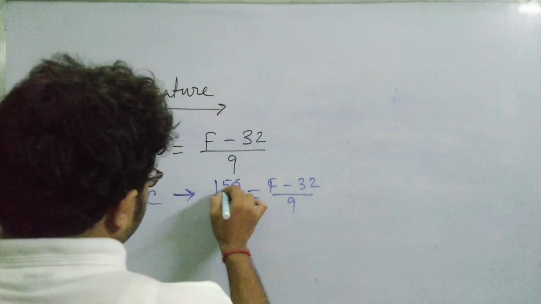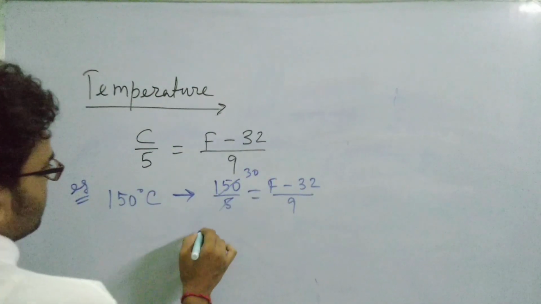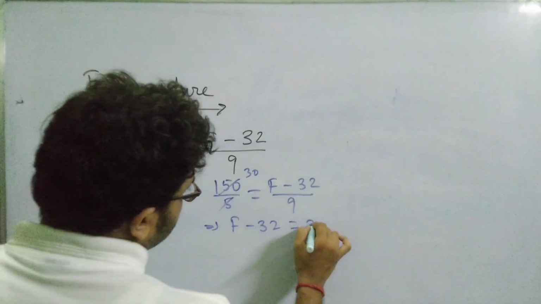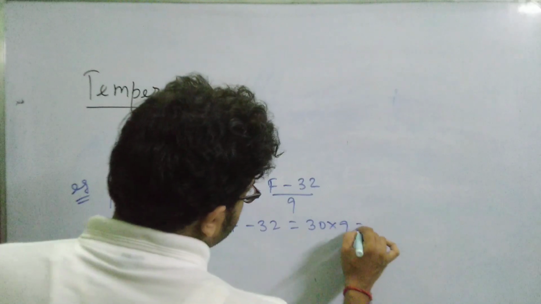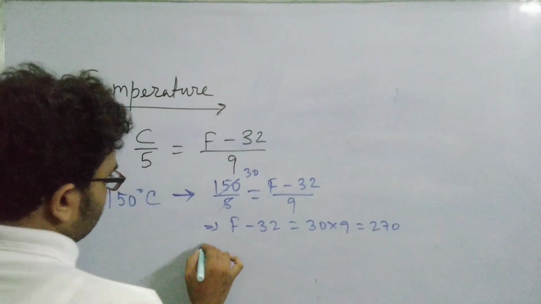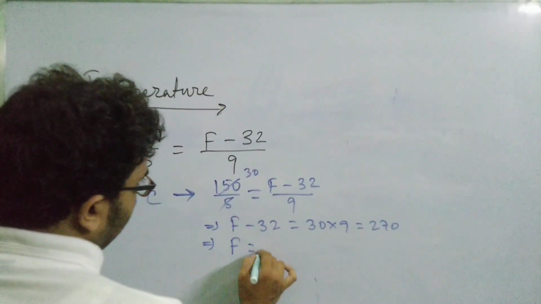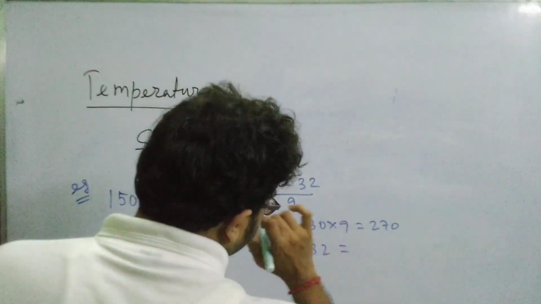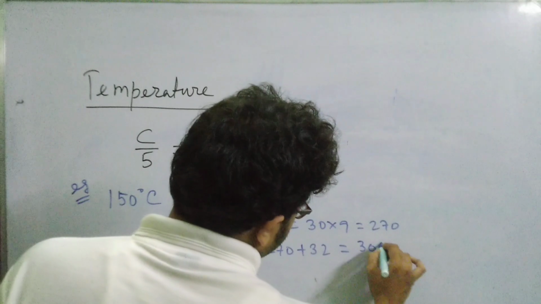So it's 30 here. We can write F minus 32 equals 30 multiplied by 9, which gives 270. To get the temperature in F, you have to add this 270 to 32 and you get 302.